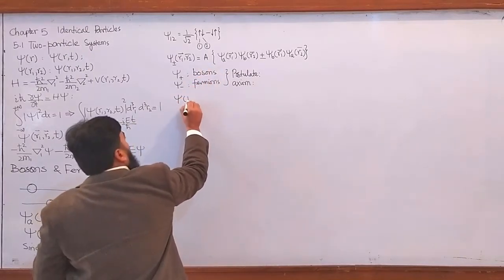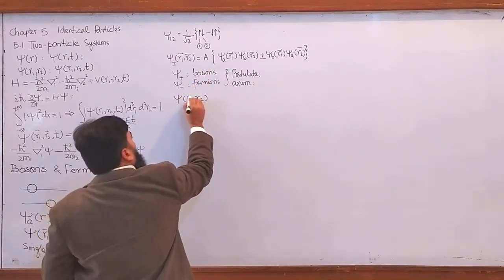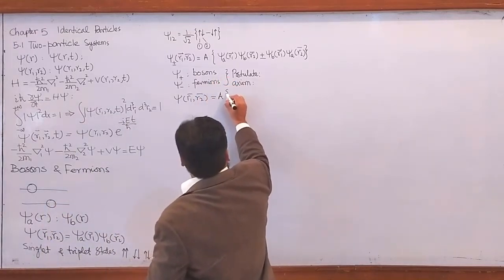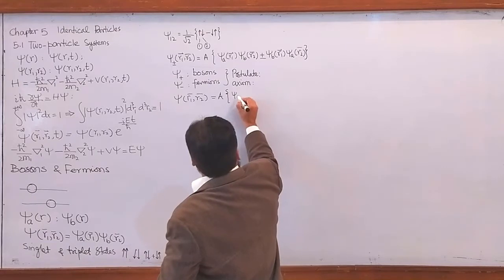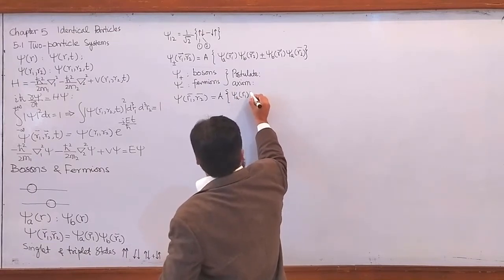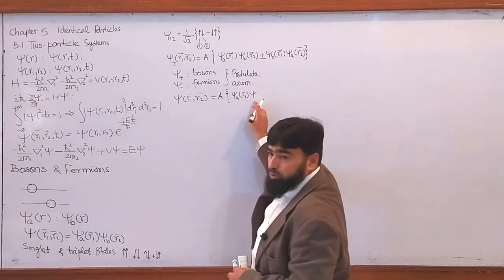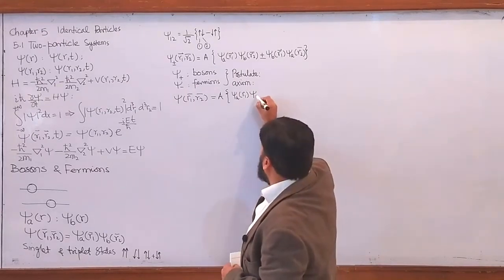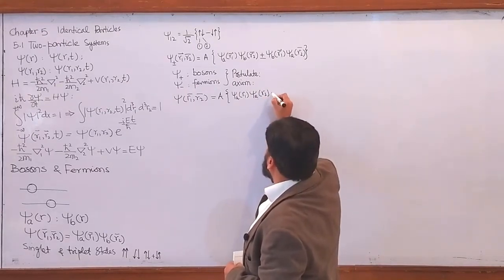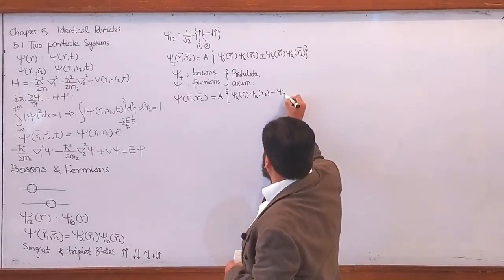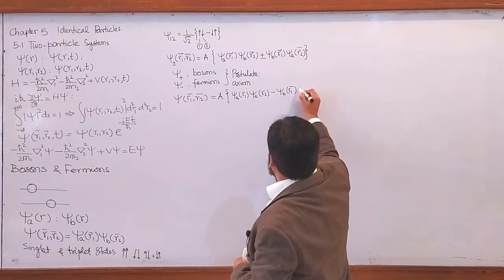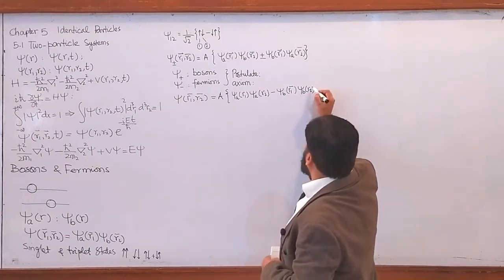Psi(R1, R2) is equal to A times psi A(R1) psi B(R2), which will also become psi A, the next state is also psi A, minus psi B(R1) psi B(R2).